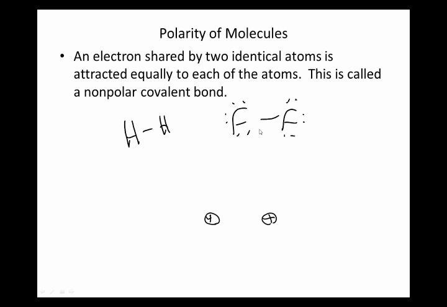If we did an orbital for the whole thing, the shared electrons are being shared equally across the two, and they're spending equal time around each of the atoms, right? So there's an equal sharing, actually exactly equal in the case of these elements, when they have two identical atoms.